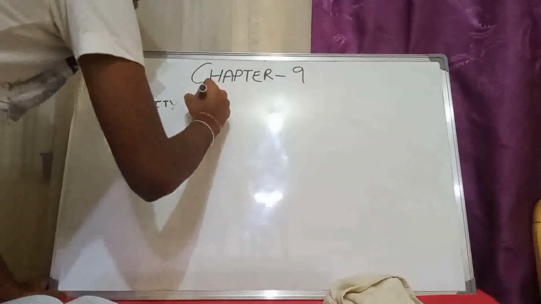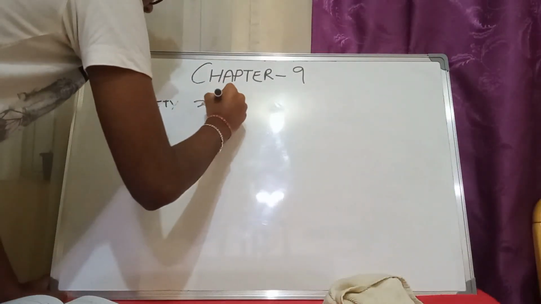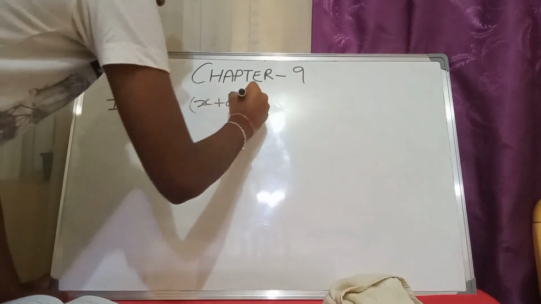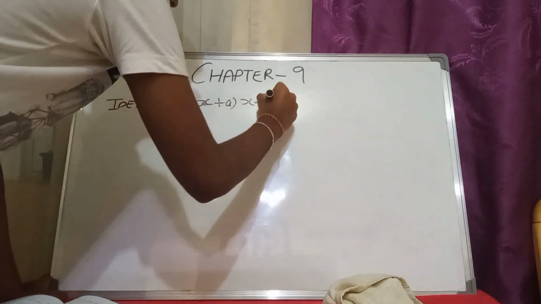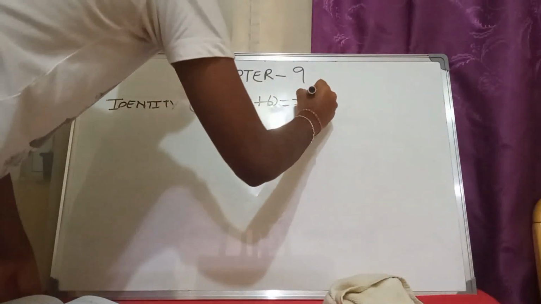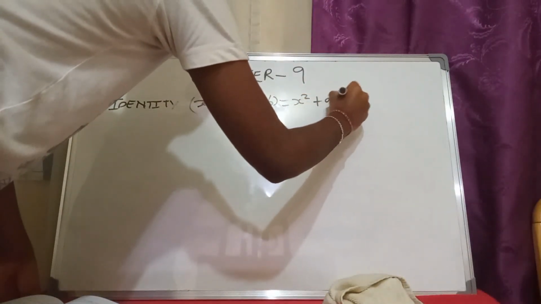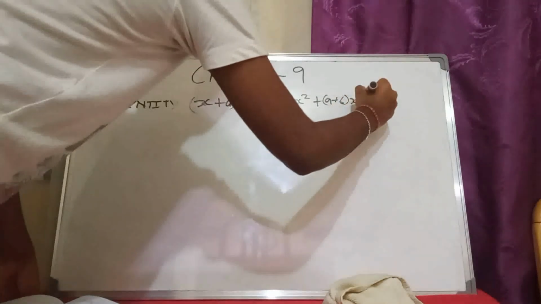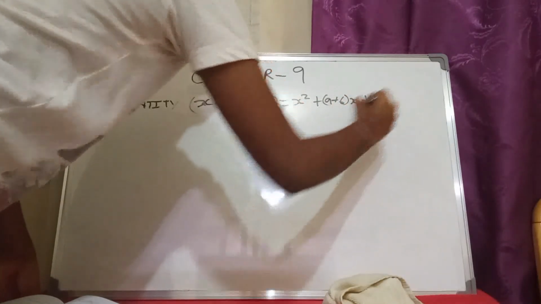Next is a very big one, but this is also a very important one. (x + a) into (x + b) equals x square plus (a + b) multiplied with x plus ab.